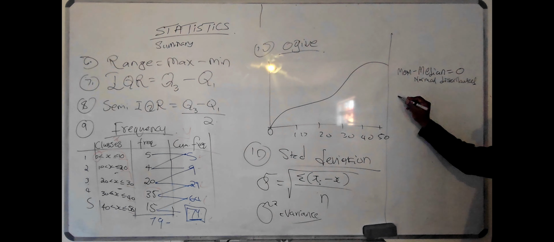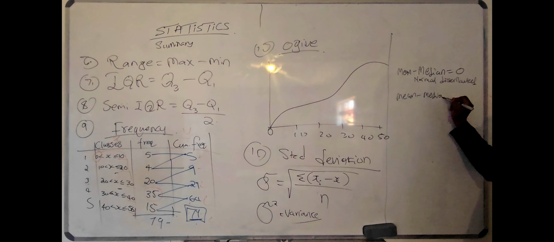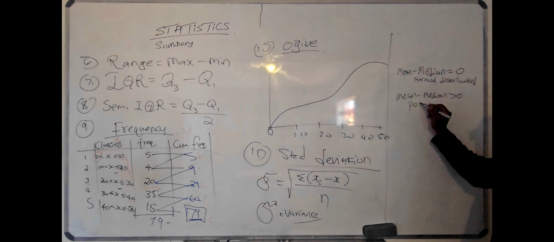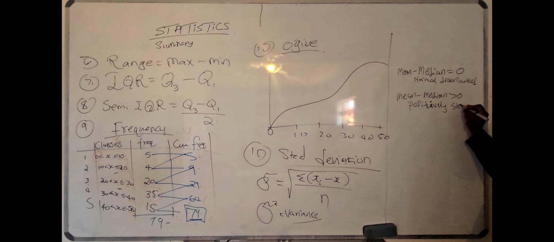So if that's the case, what about when mean minus median is greater than 0? Then this simply means positively skewed.